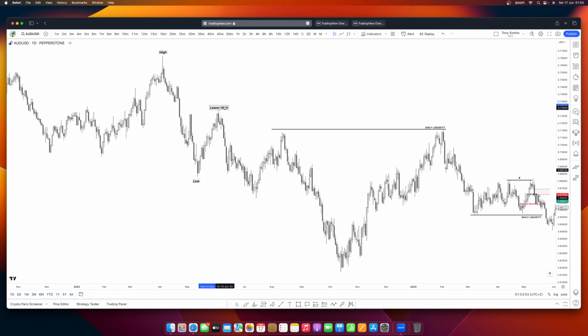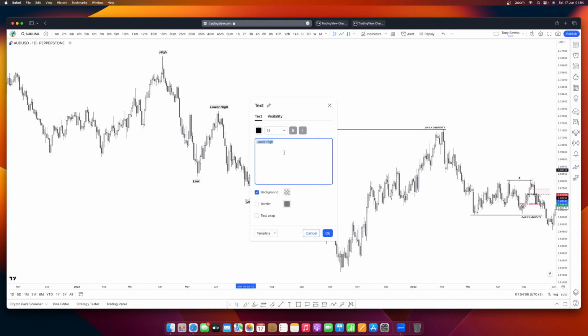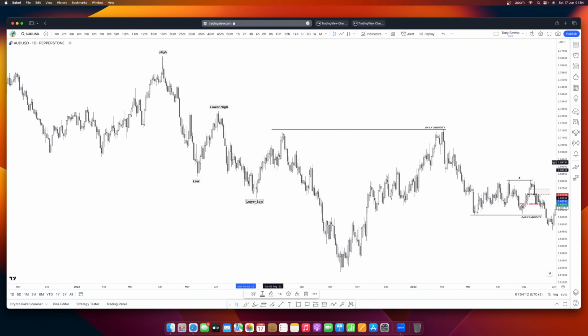We have this as the lower high, and then we're going to have this down here as the lower low. As you can see, this is closing below this, but they are actually respecting this previous high. So that's how we know that this is a downtrending market. Don't forget. So we have the new lower low, and then what happens? Price should buy up, which it did, respect this previous lower high, find some kind of resistance, and then drop all the way to the downside.